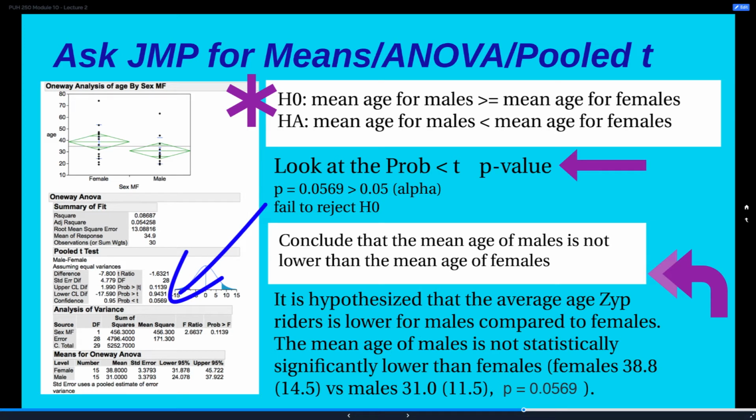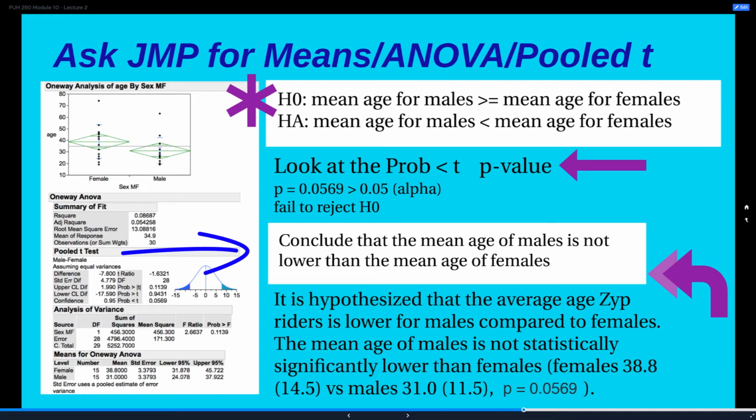And in this case, that's the lowest one on the pooled t test. And our p-value is 0.0569. While this is smaller, it is still greater than alpha of 0.05, and we will still fail to reject the null hypothesis. We will conclude that the mean age of males is not lower than the mean age of females.